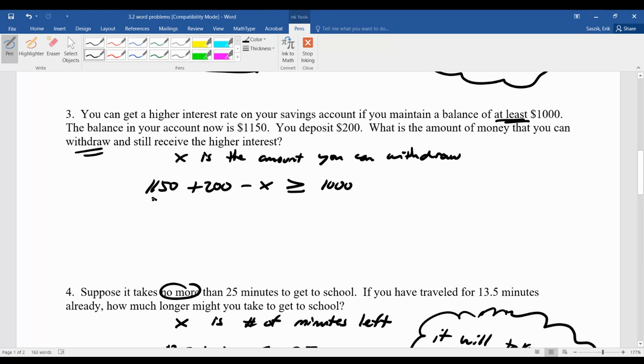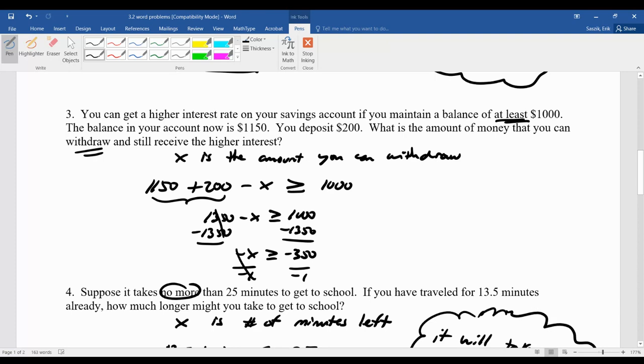Okay. Combine like terms. Get rid of this. Divide by -1. Now remember, dividing by -1, that's good because this becomes positive, but you have to switch this direction. x is less than or equal to 350.